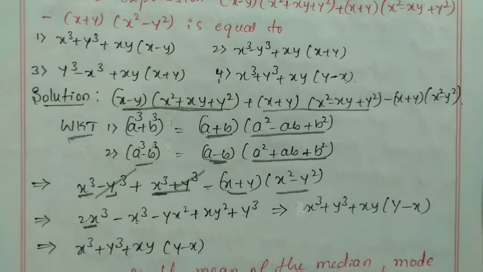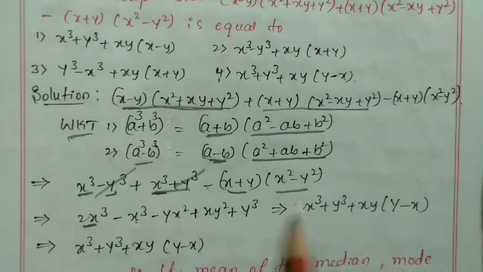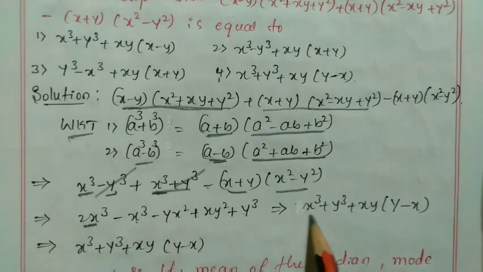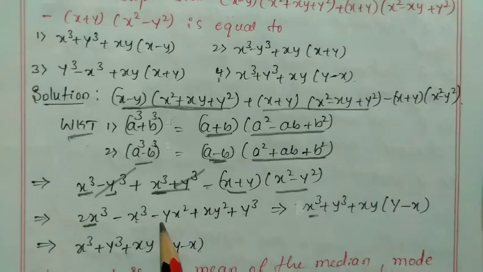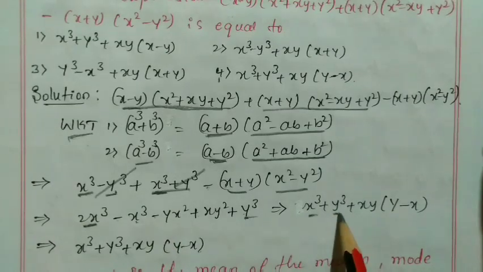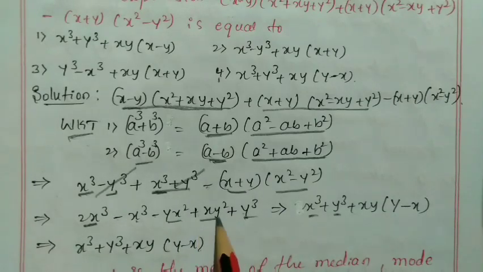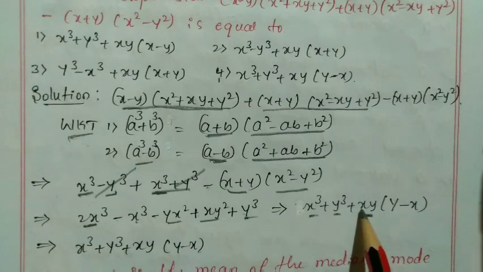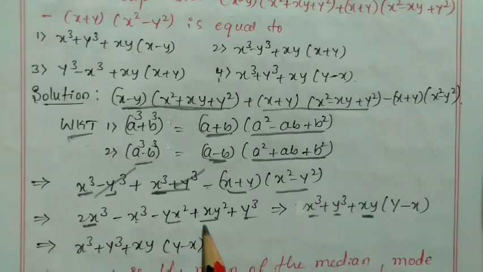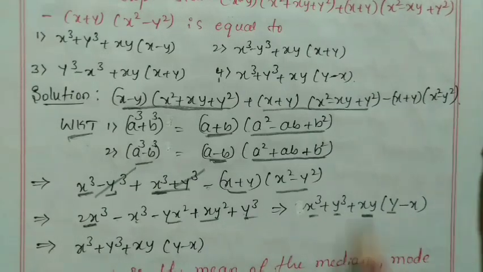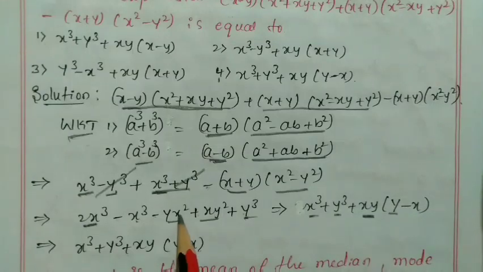So this implies 2x cube minus 1x cube is x cube. Plus y cube we can write as it is, minus yx square and plus xy square is there. What is common in these two? xy is common. You can take xy common, remaining 1 y you can write here, and minus you can write here.